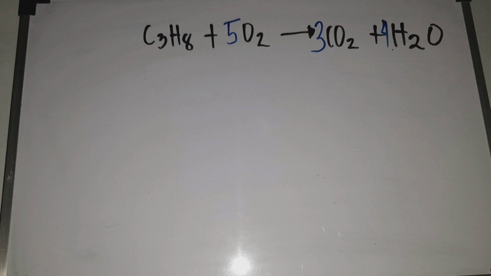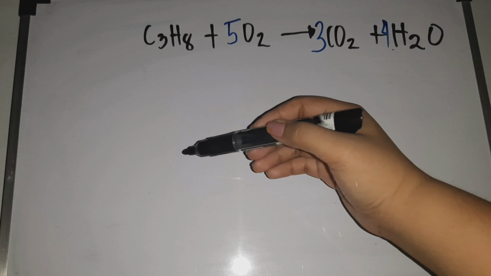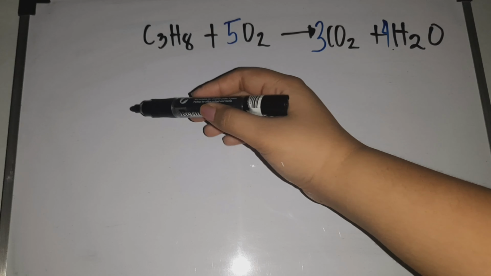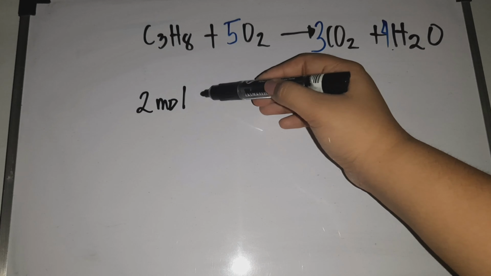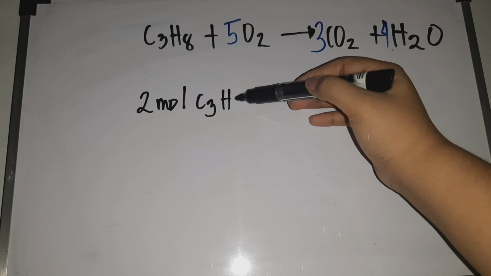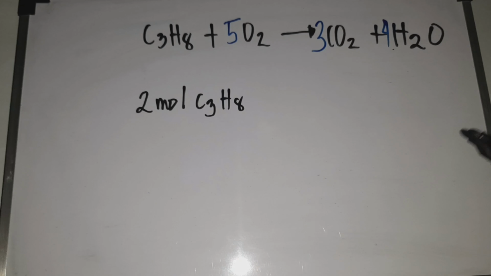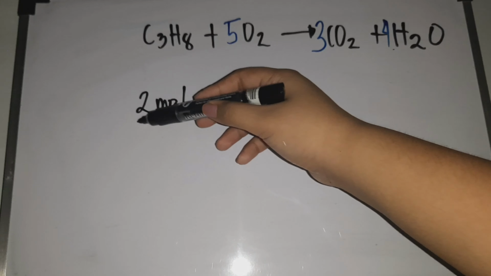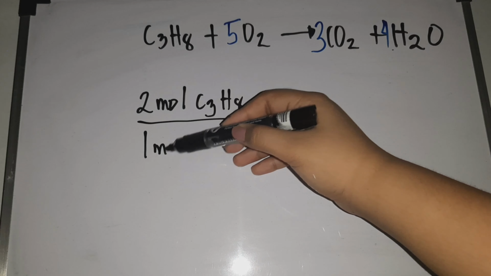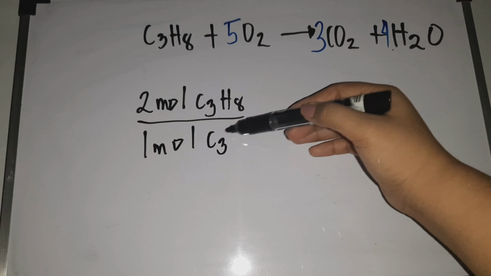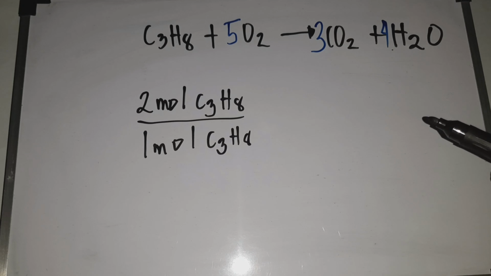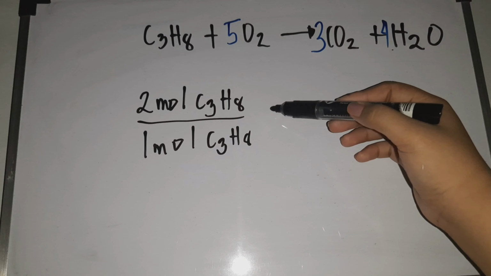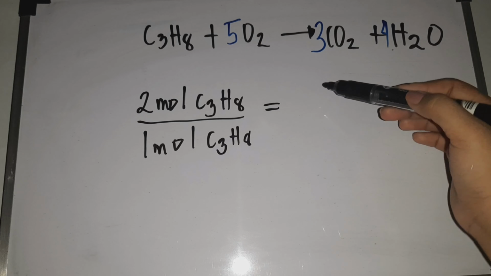Since we know their ratio, for the 2 mole of propane, which came from the problem, we have 1 mole of C3H8 from the balanced chemical equation, and 2 divided by 1 is 2.